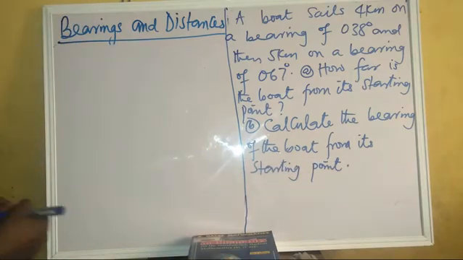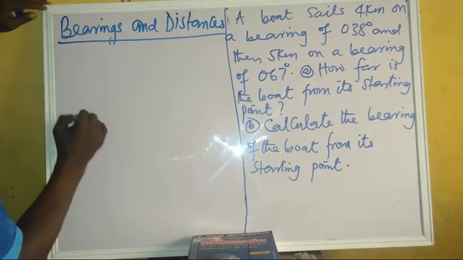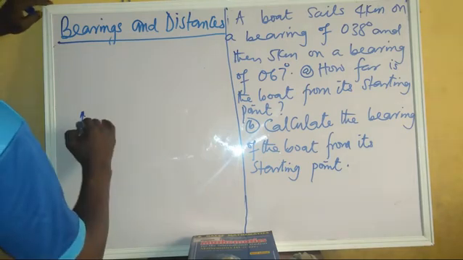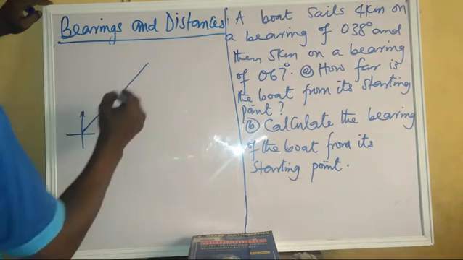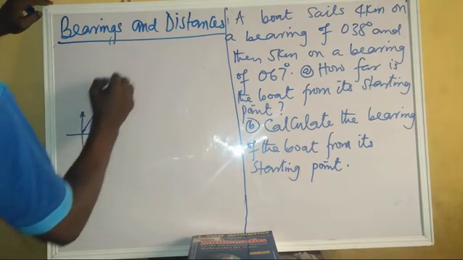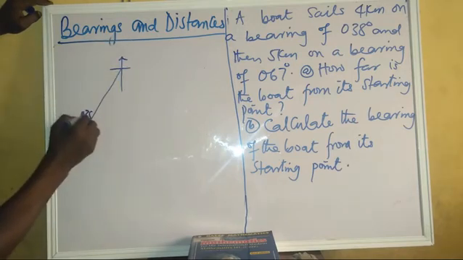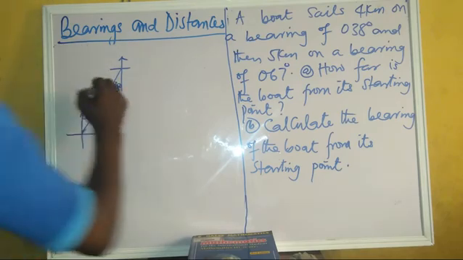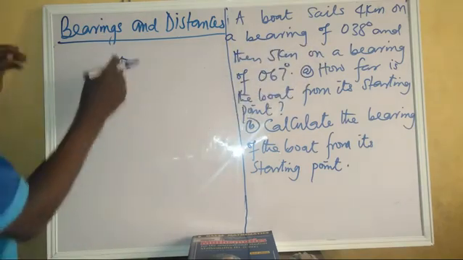Let's see how we can draw the diagram. H is the angle that we need. We assume that this is 38. Okay, let me change it. This is 38 degrees. This angle is 38 degrees. That means this is also 38 degrees. 4 kilometers. And then, meaning that presently the boat is here.